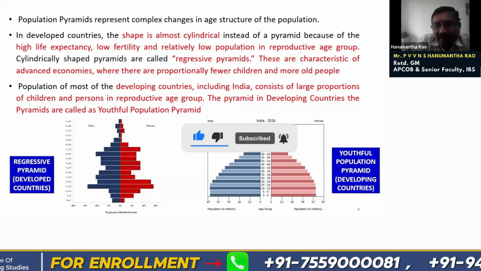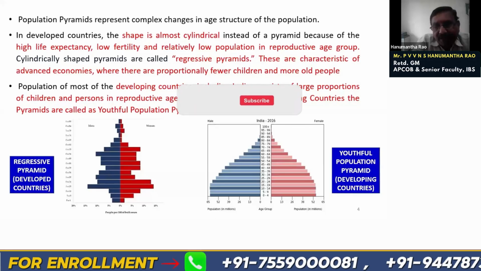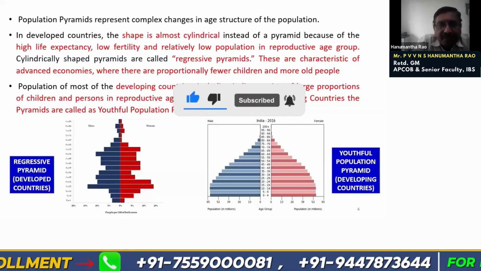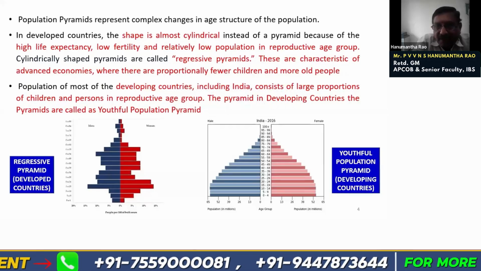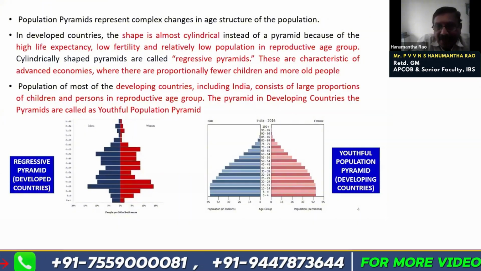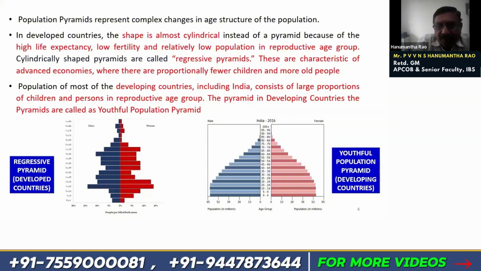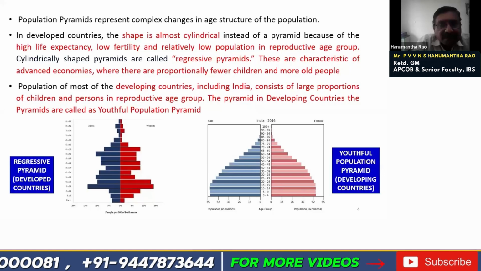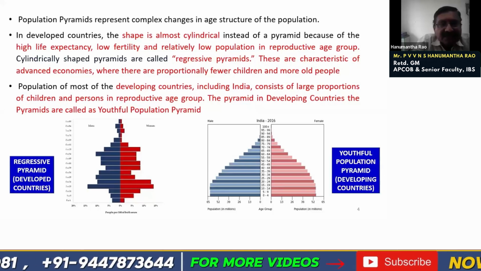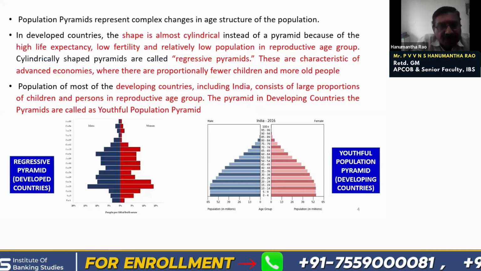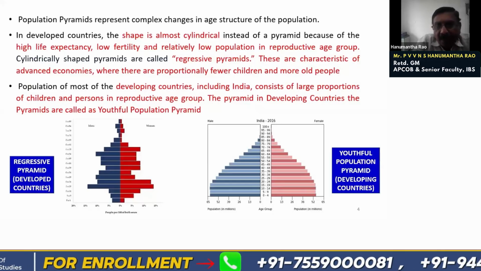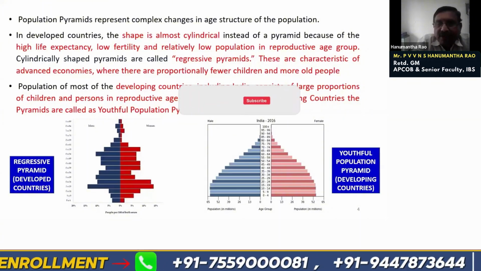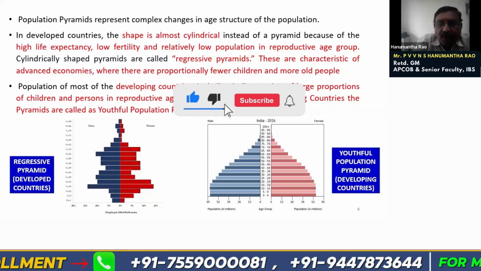Whereas in developing countries, it would be like a pyramid. In our developing countries, the pyramid presentation will be named as Youthful Population Pyramid. Kindly remember these two words. In developed countries, it is cylindrical shape, so it will be called a progressive pyramid. Whereas in developing countries, it is like a pyramid, so it is called Youthful Population Pyramid.